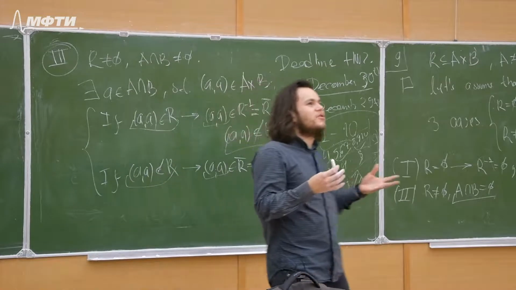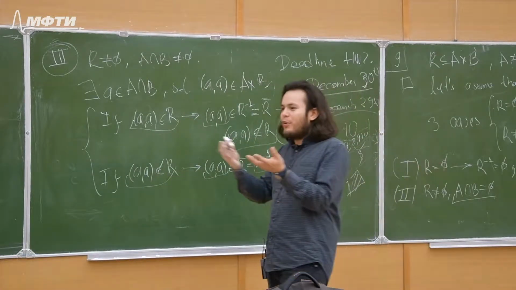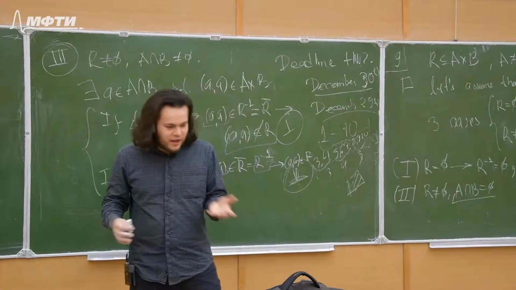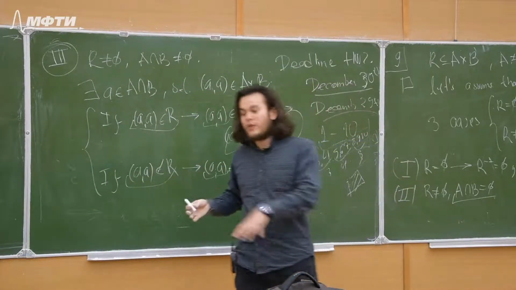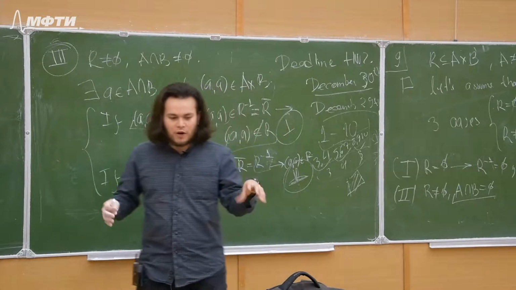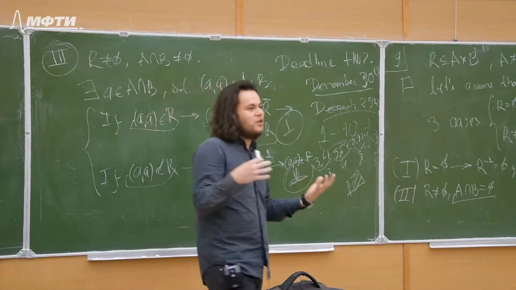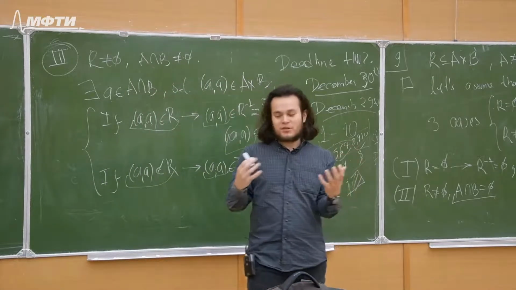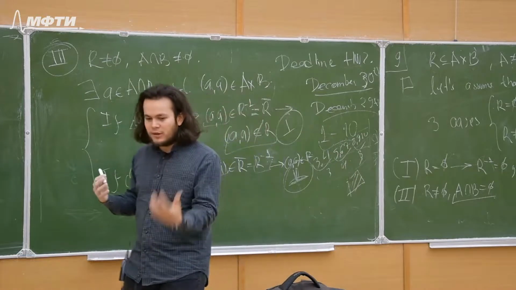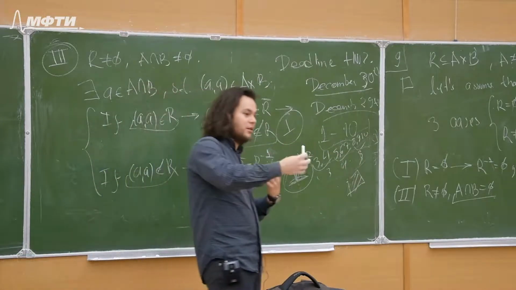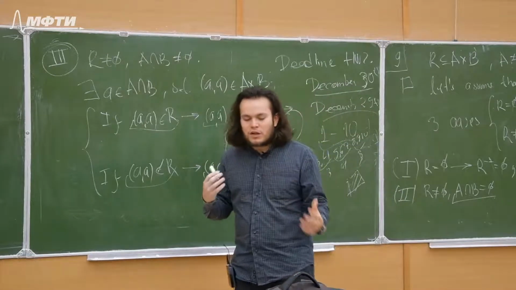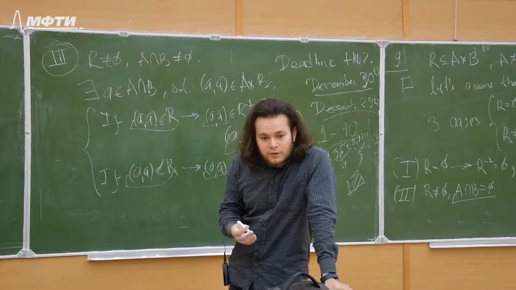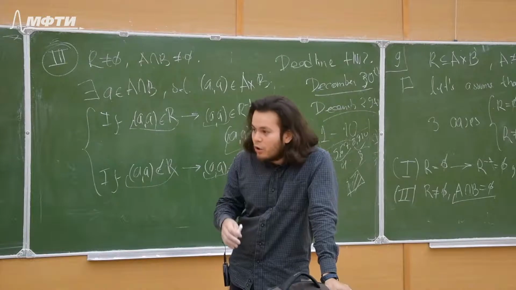Then in the set, we defined ordered pairs. And then we defined that there are some binary relations. So we defined the Cartesian product of A and B. And then some subsets of this Cartesian product are called the binary relations from A to B. Okay. Now we need to look at some special kind of binary relations called functions.